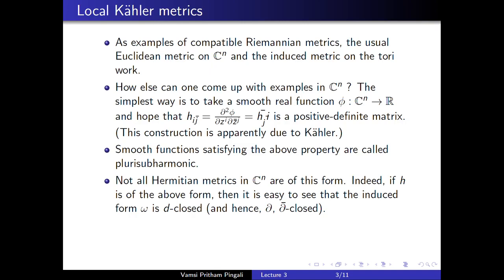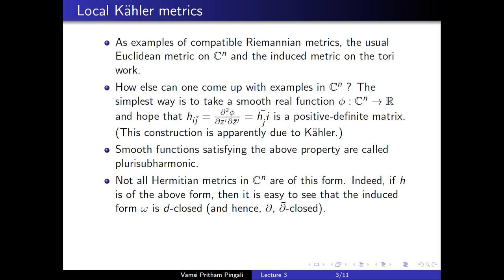Now it's not at all hard to calculate the exterior derivative of this induced form, and this exterior derivative is closed. Now this exterior derivative of ω, dω, is 0, right?